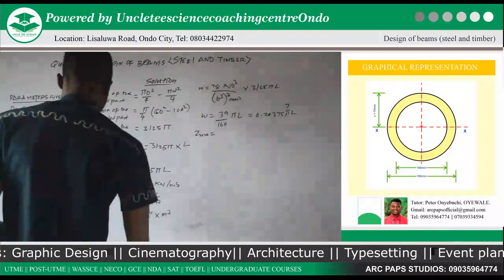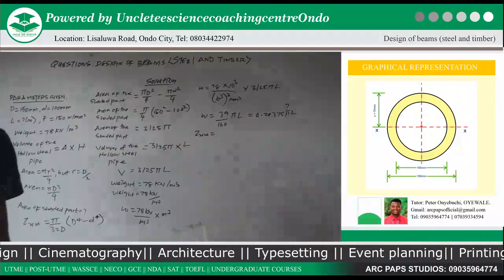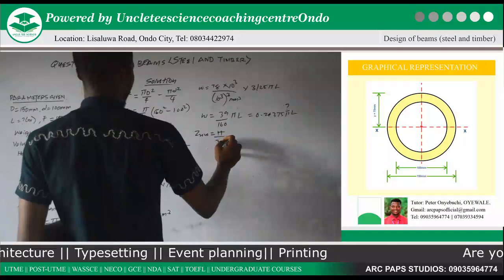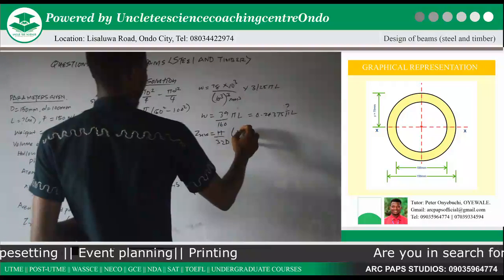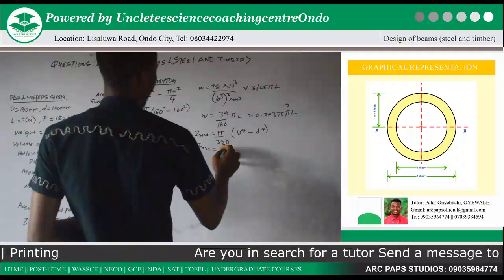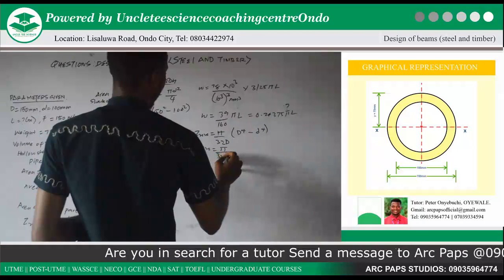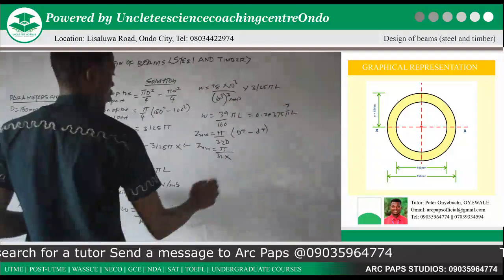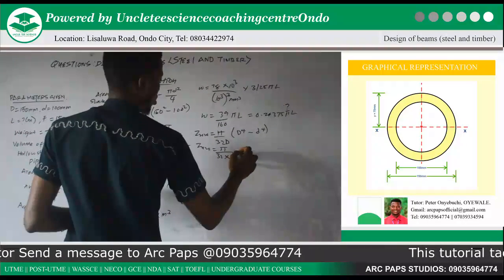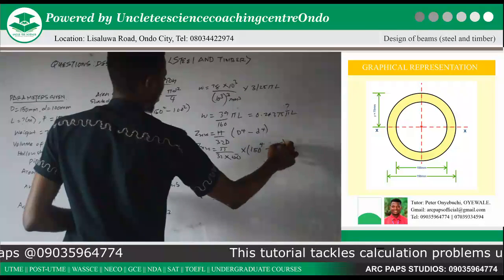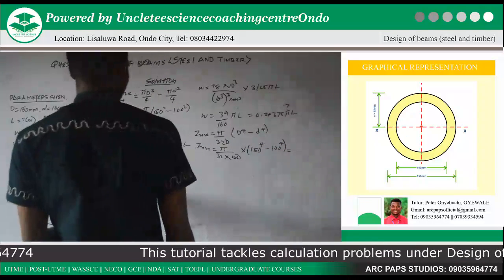Now since our Zxx is given by the formula pi over 32D into D raised to the power 4, capital D raised to the power 4, minus small d raised to the power 4. I've proved this formula in the previous section. Now this will give us pi over 32 times our capital D, which is 150, into (150 raised to the power 4 minus our small d, 100, raised to the power 4).